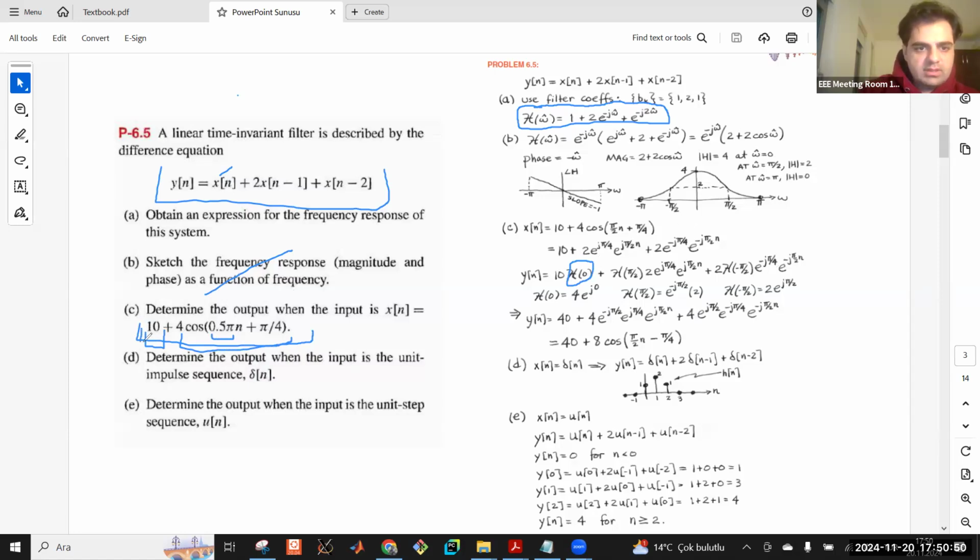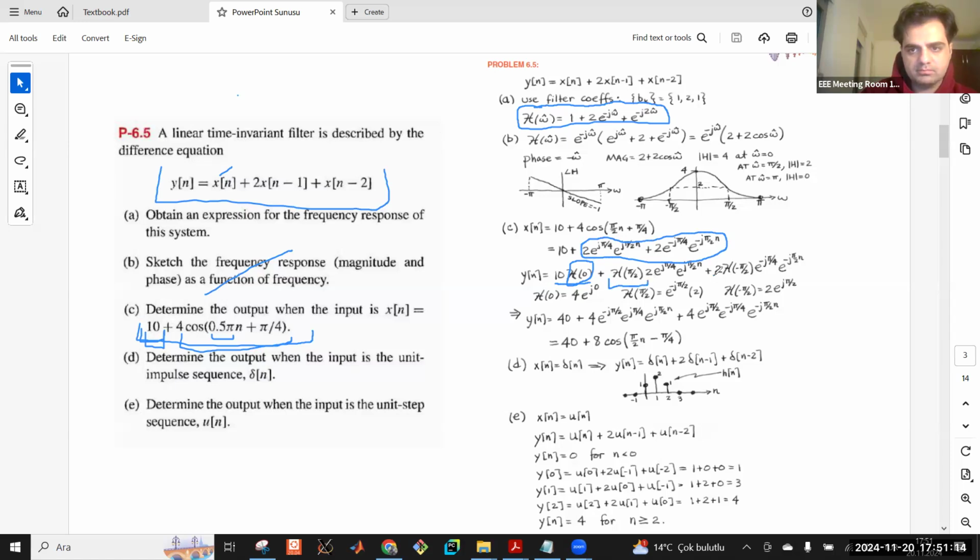We will multiply this DC term with H of 0, and we will handle this cosine term. This cosine term can be written in this form by using Euler's formula.